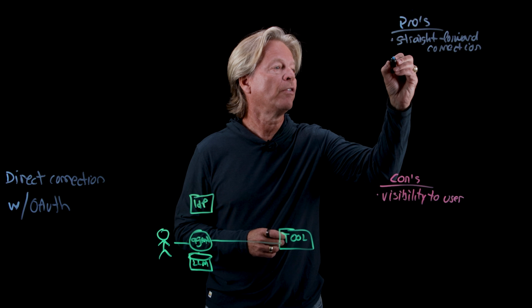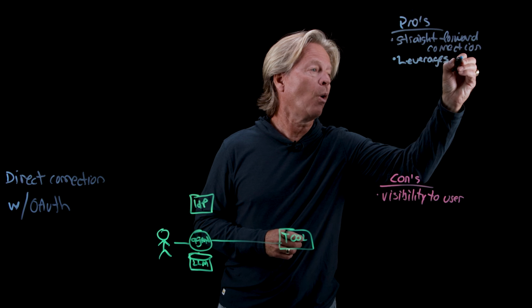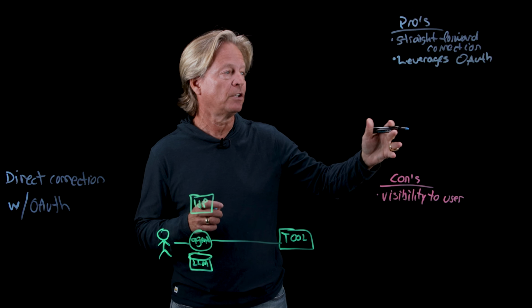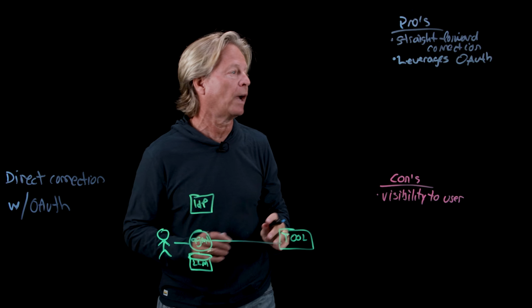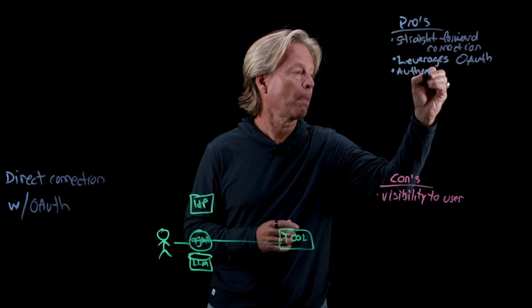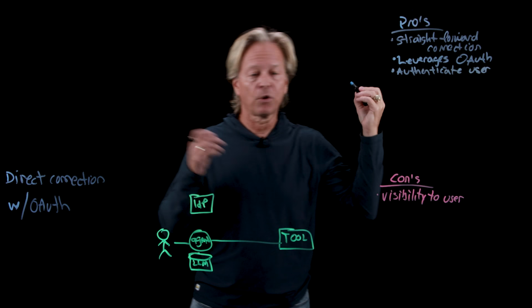Well, first pro is that it leverages OAuth flows. This is really nice. This is an established pattern. We know how to do this, and it really starts setting up a way to actually authenticate the user. So this is really nice.